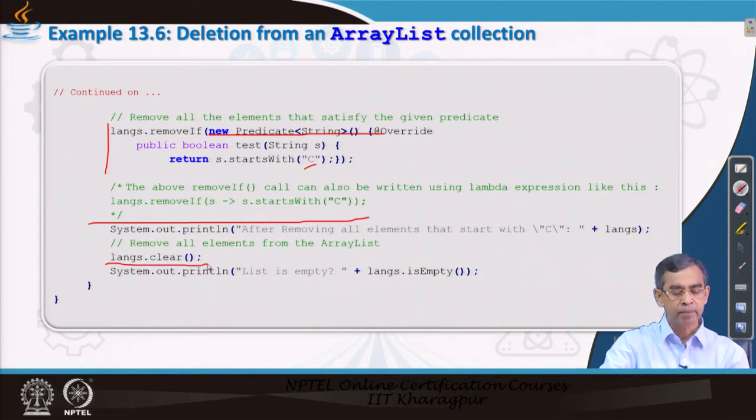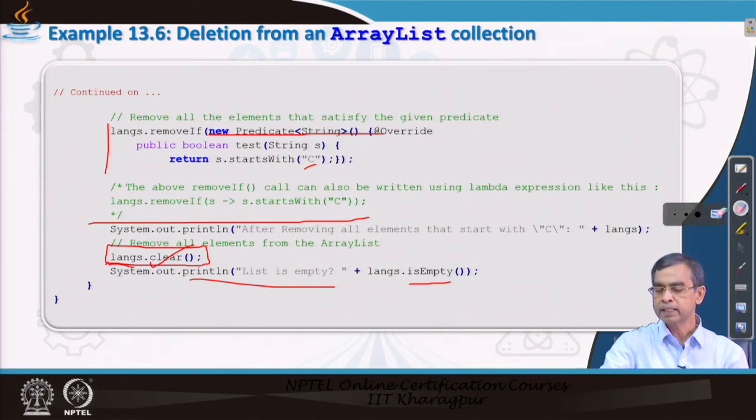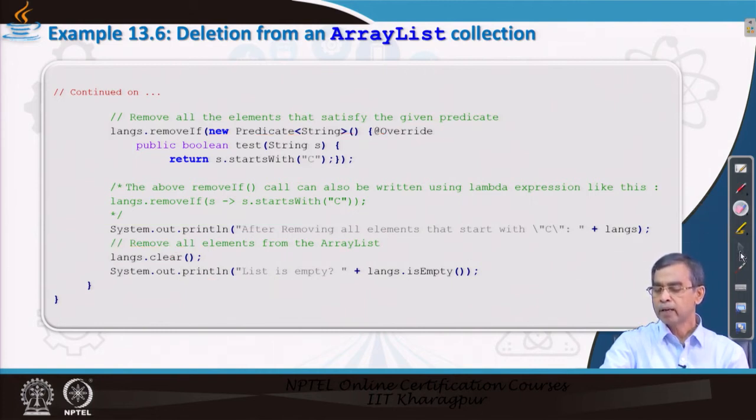Then clear is the method, you can understand what it will do for you: it will remove all the elements which are currently present in this collection lengths, and then if you print isEmpty, that means the elements are not there, it will basically print true. So, these are the different methods regarding deletion operations that we have exercised for your program.